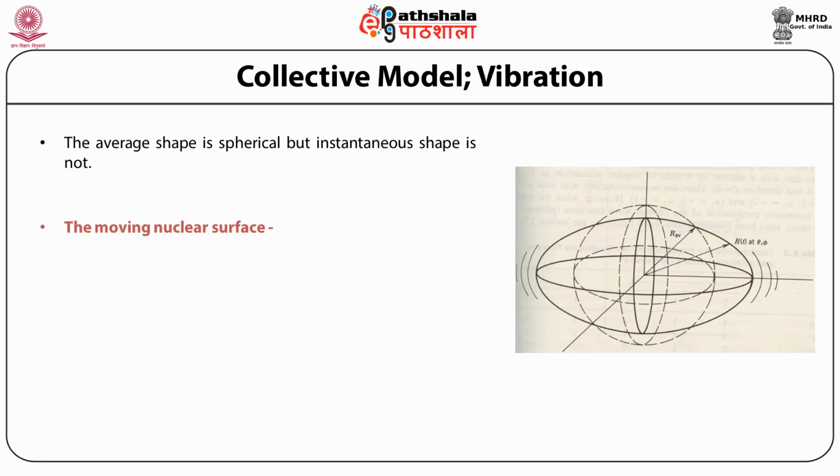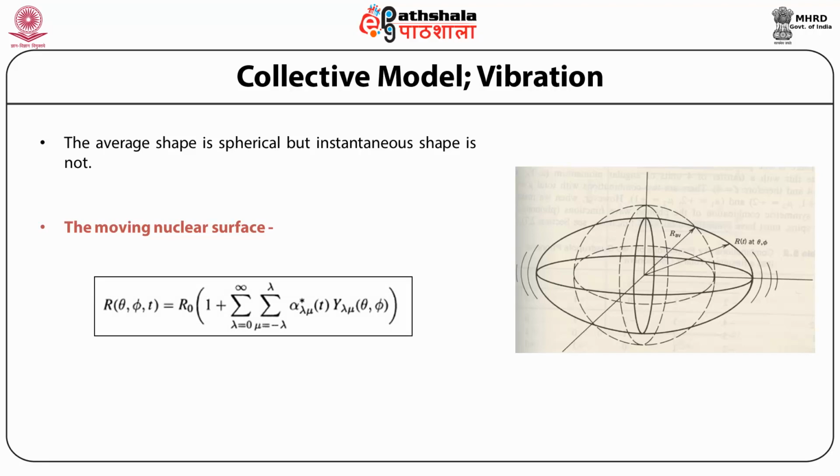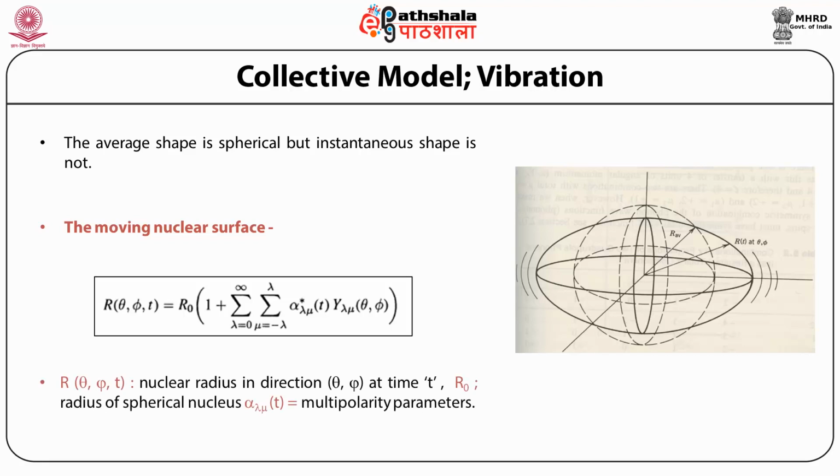The moving nuclear surface can be represented by the following expression: R(θ, φ, t) = R0 [1 + Σ(λ=0 to ∞) Σ(μ=−λ to +λ) α*λμ(t) Yλμ(θ, φ)], where R(θ, φ, t) is the nuclear radius in direction θ, φ at time t, and R0 is the radius of a spherical nucleus, while αλμ(t) are the multipole parameters.